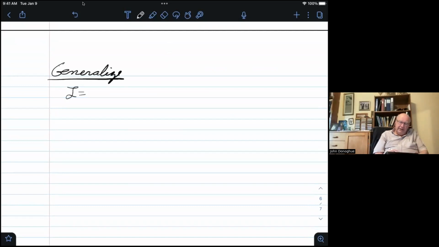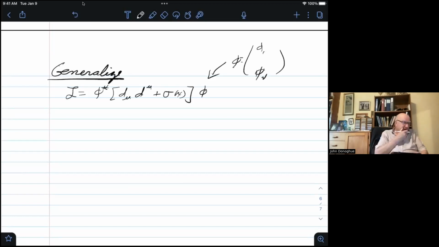A slight generalization of this is the following: if I take phi star, D mu, so this is just a slight change in notation, covariant derivatives plus some function of x, phi, and I let these be any number of fields that I want, and I write this as D mu plus some gamma mu.